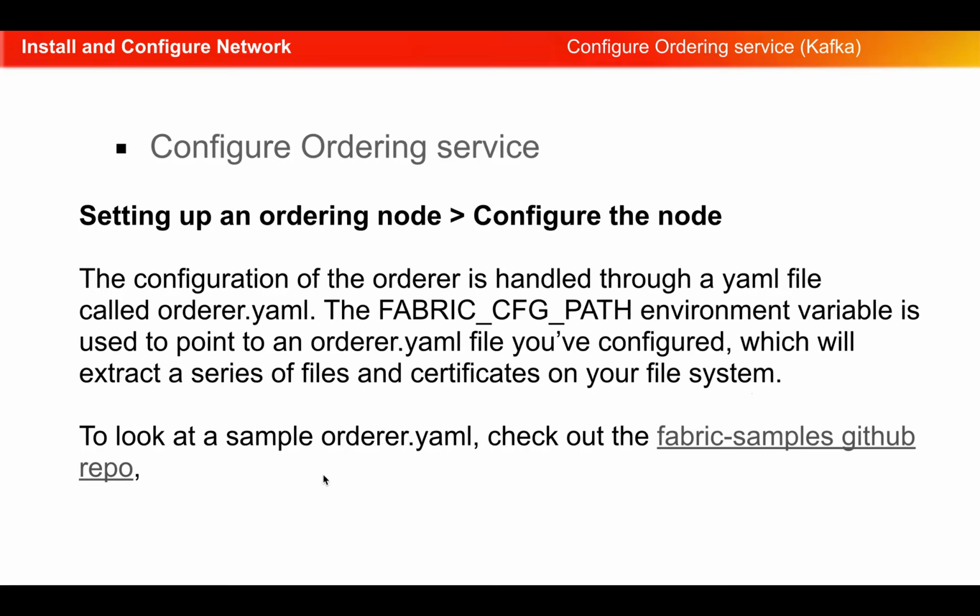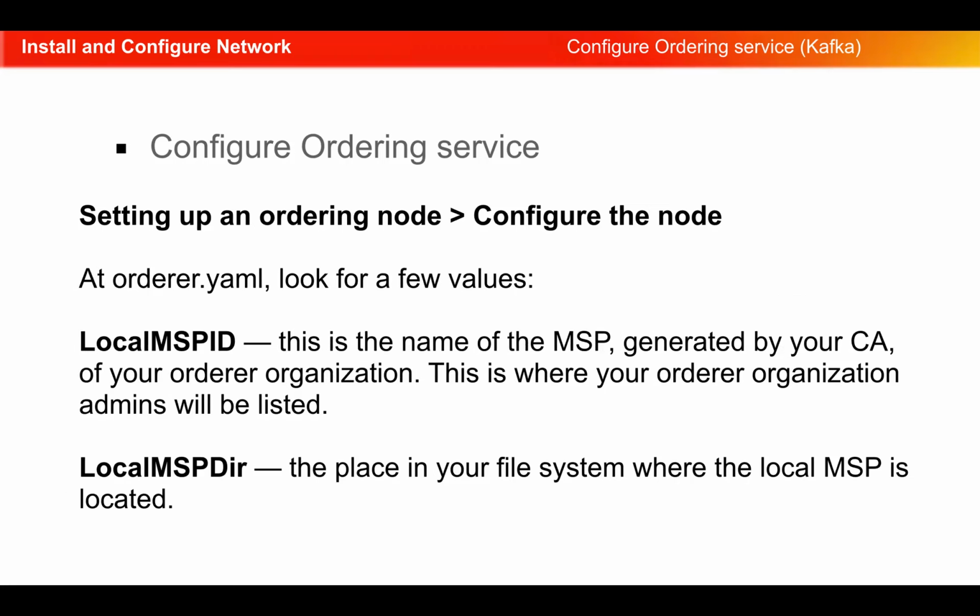If you want more details of what the orderer.yaml file looks like before we get on to the lab, you can check the Fabric samples GitHub repo, where you can see the properties present in orderer.yaml.